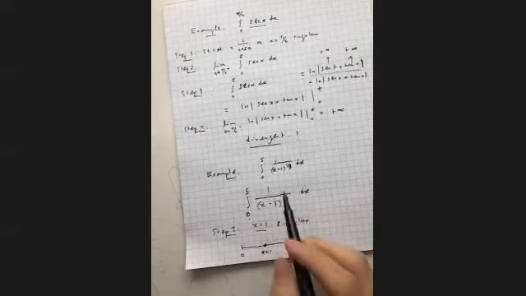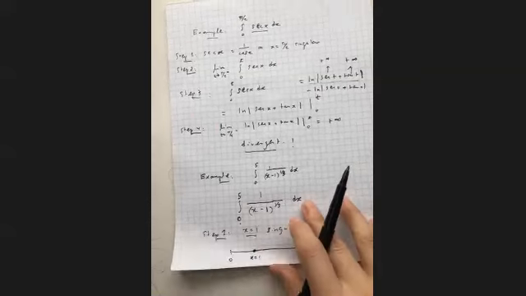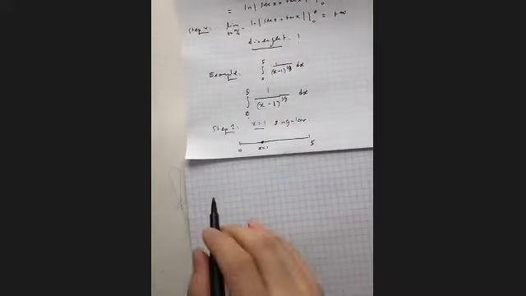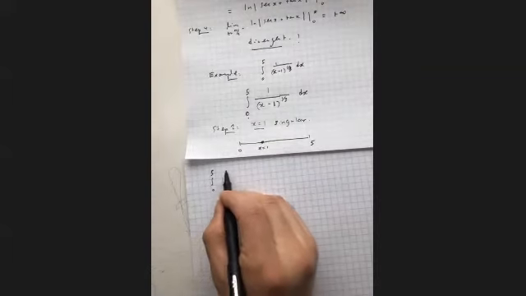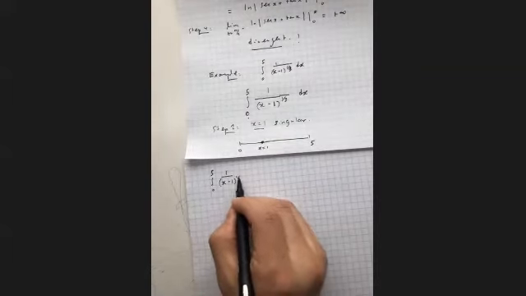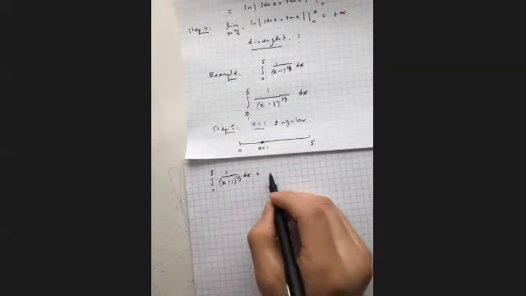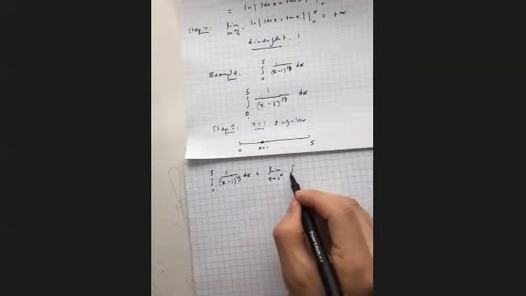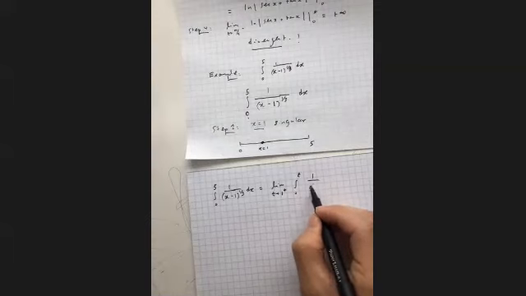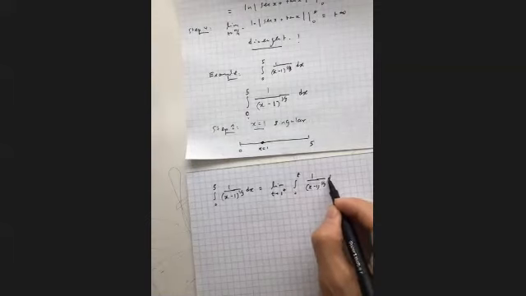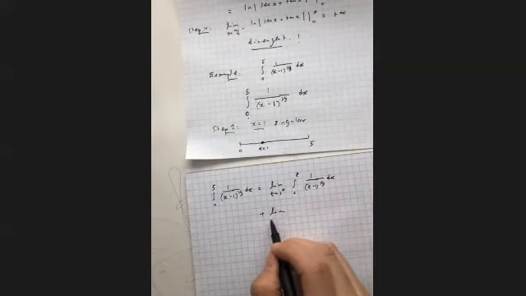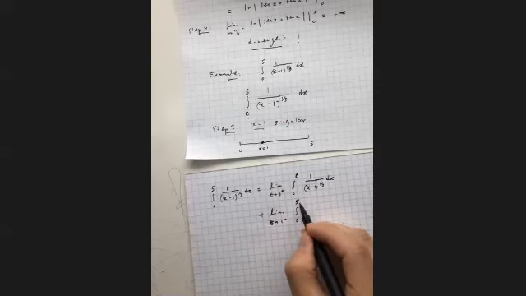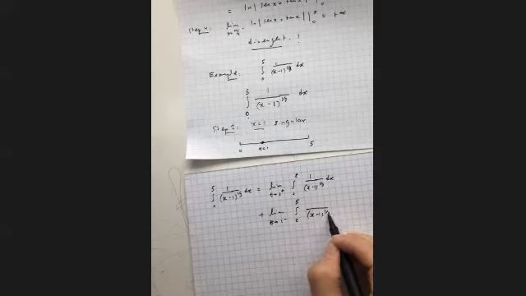Now, how do you determine if this one is converging or diverging? You break this one into 2 pieces. In this case, the integration should be broken into 2 pieces. It's the limit when t goes to 1 from the positive side of the integral from 0 to t of 1 over (x minus 1)^(1/3) dx, plus the limit when t goes to 1 from the negative side of the integral from t to 5 of 1 over (x minus 1)^(1/3) dx.